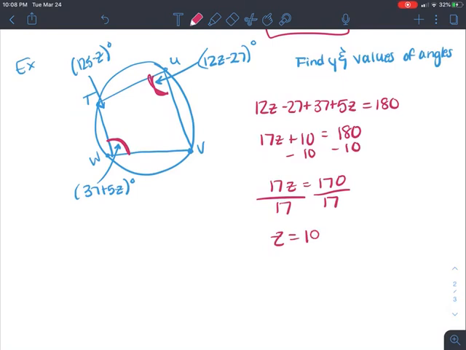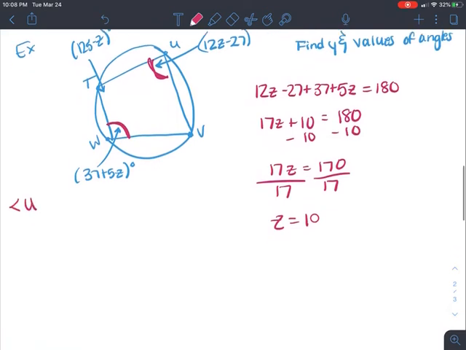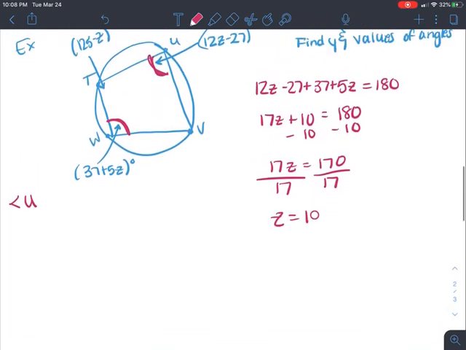Now I'm going to plug in my values. Angle U is equal to 12Z minus 27, so that will be 12 times 10 minus 27, which is 120 minus 27, which gives me a total of 93 degrees.